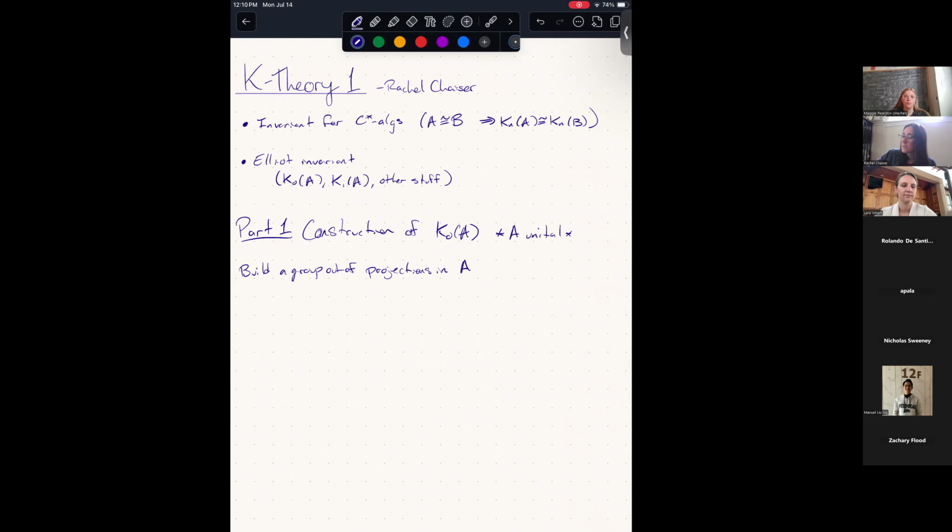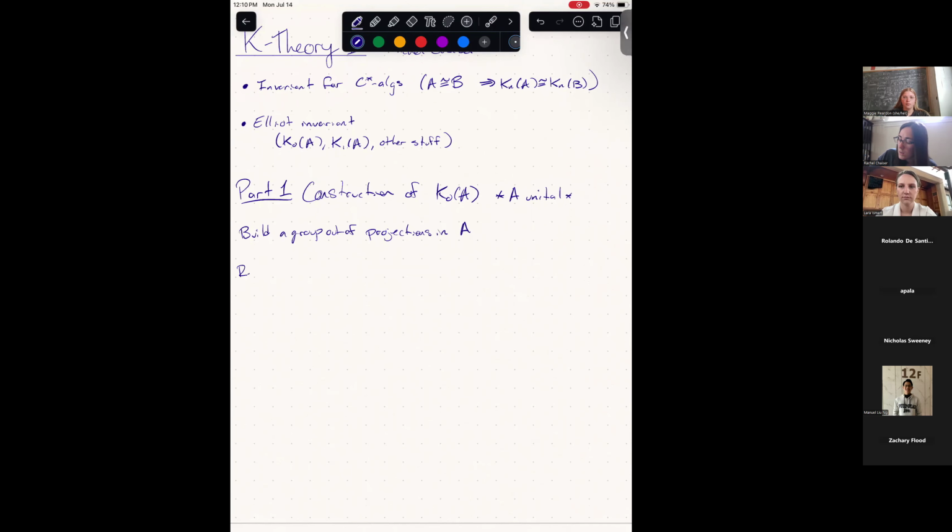So let me just recall, if you're working in B of H, the projections in B of H correspond exactly to orthogonal projection onto a closed subspace, which then allows you to decompose your Hilbert space as a direct sum of the image of your projection and the orthogonal complement of that.